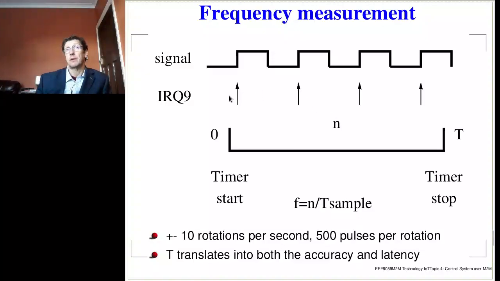So if this gap is very, very long, then it makes sense. Then there will be a direct measurement of the period. So you measure either frequency or period. Frequency is better for fast processes, and period measurement is better for slow processes.